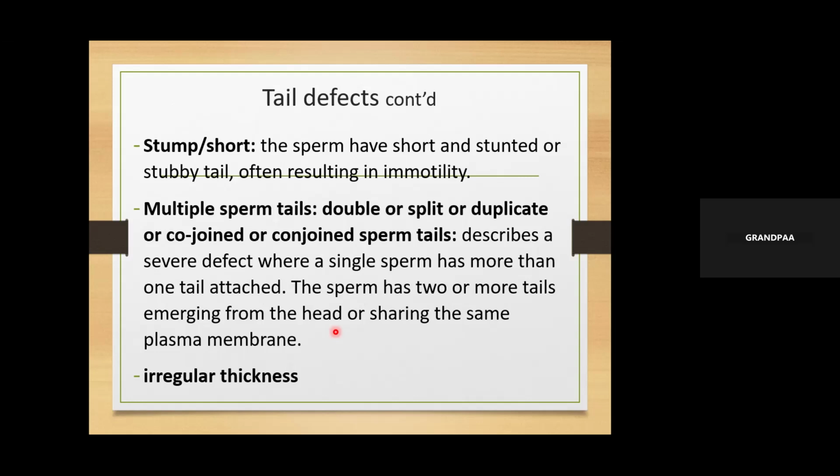Once you have a double tail, you see that this one is propelling this way, this one is propelling that way, and at the end of the day, you may have one movement canceling the other, and instead of moving forward, it is almost stagnant.